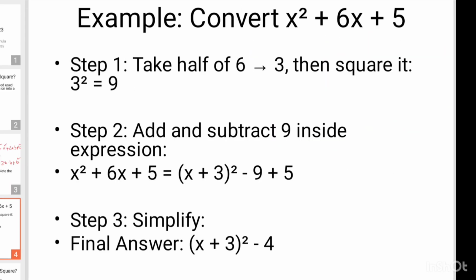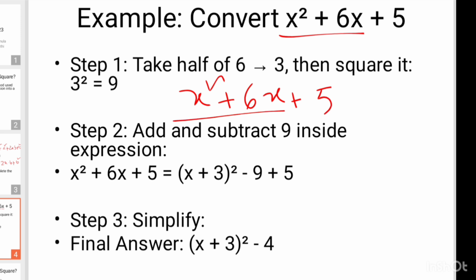Example, convert x square plus 6x plus 5. First step, take half of 6, that means 3, then square it, 3 square means 9. So we see this one, x square plus 6x plus 5.